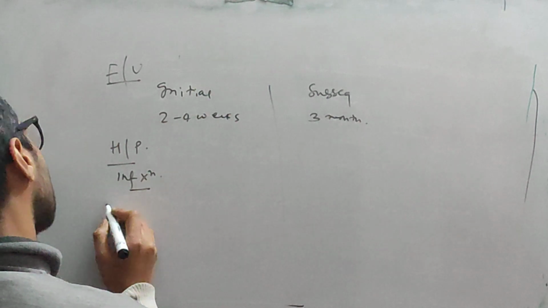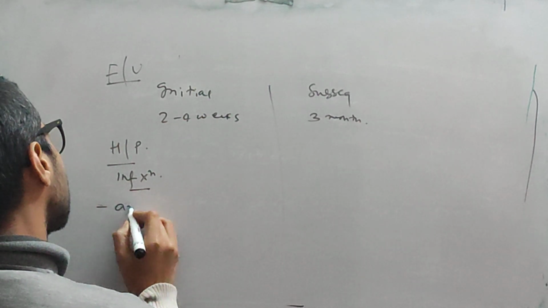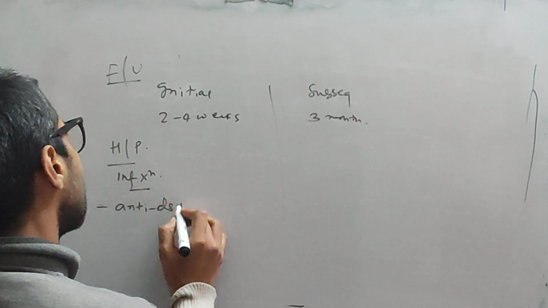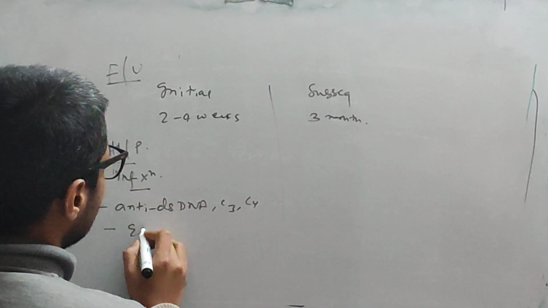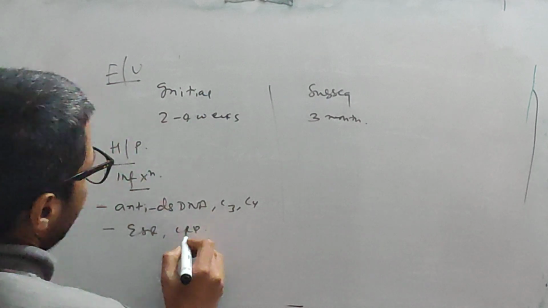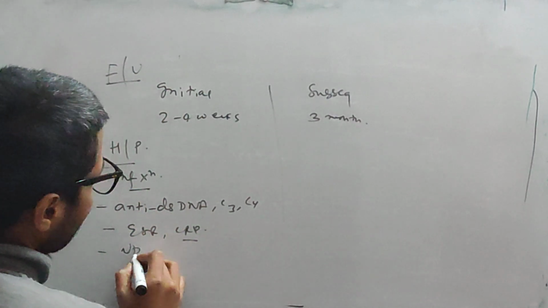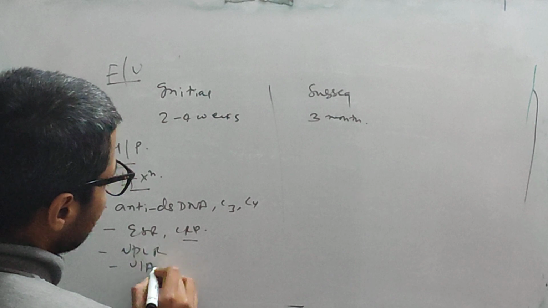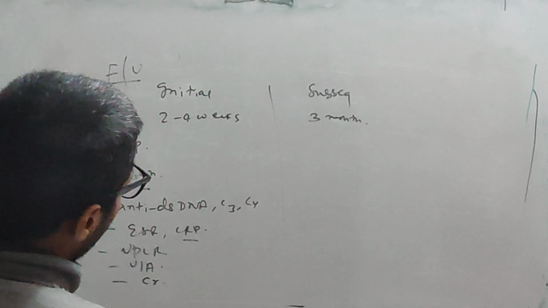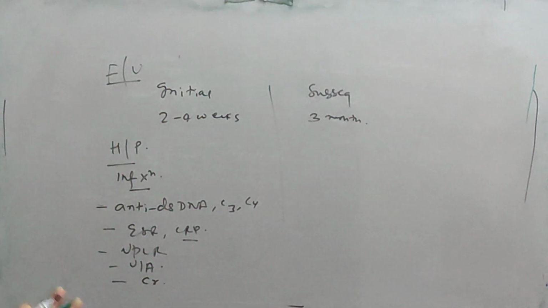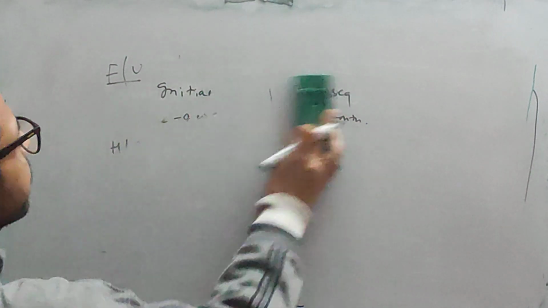You check anti-dsDNA, C3 and C4 for disease activity, ESR, CRP, urine protein creatinine ratio, urine analysis for sediment, and serum creatinine. These are the features you look for in follow-up.